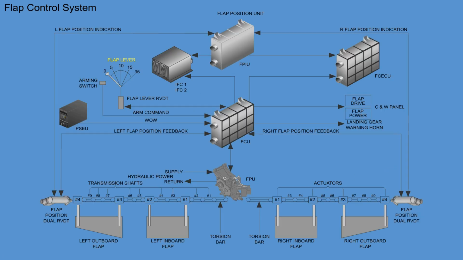The flap selector lever mechanically operates the flap lever transducer, which sends the flap position demand signal to the FCU. The arming switch is located on the flap selector lever. The arming switch circuit senses the position of the flap selector lever.